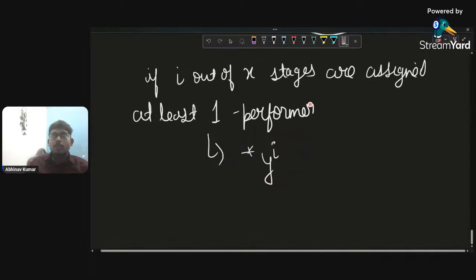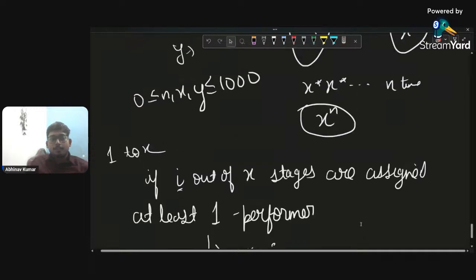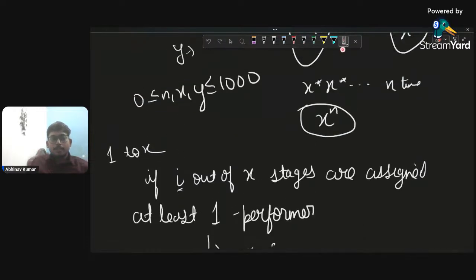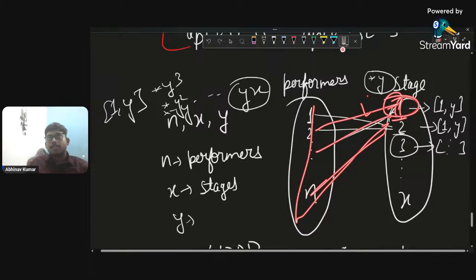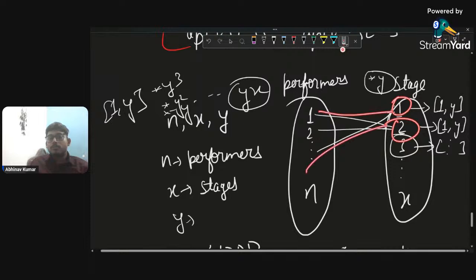Okay, so now what would this I be? This I can vary from 1 to x, because it can happen that only one stage is assigned to all of the performers. Then I would be 1. It may happen that two of the stages are assigned, or three of the stages are assigned.